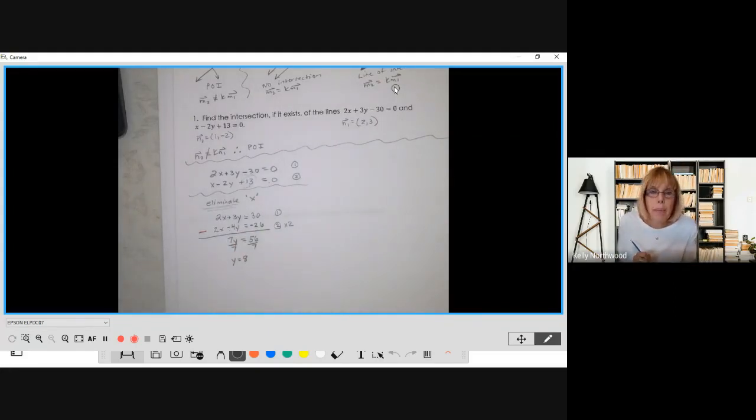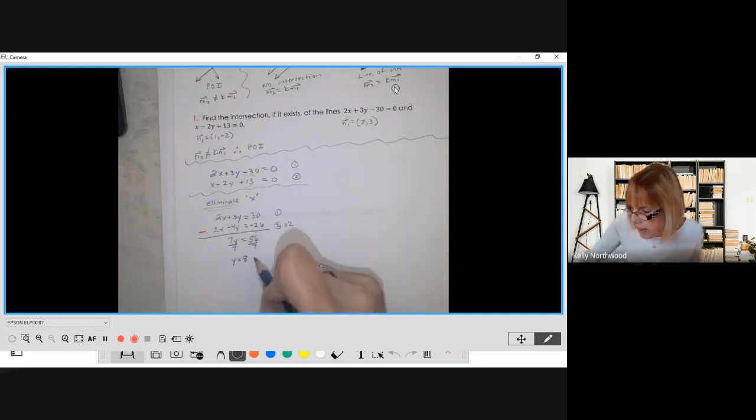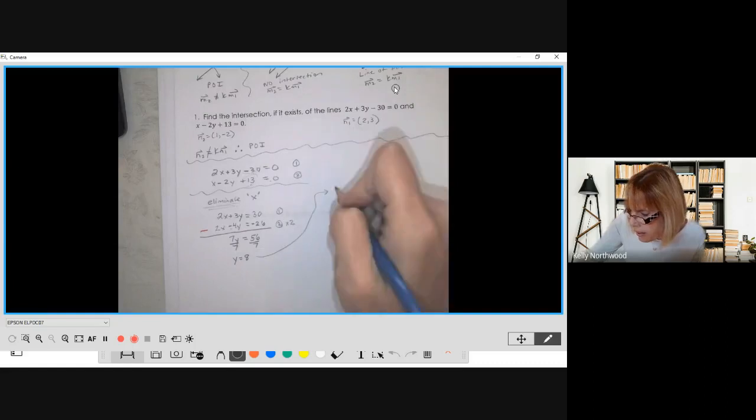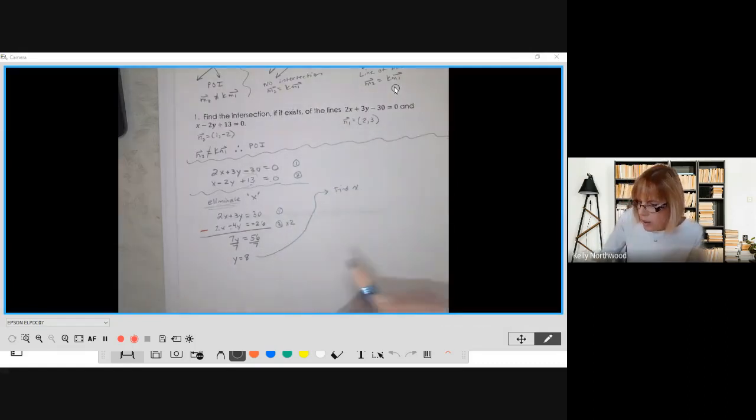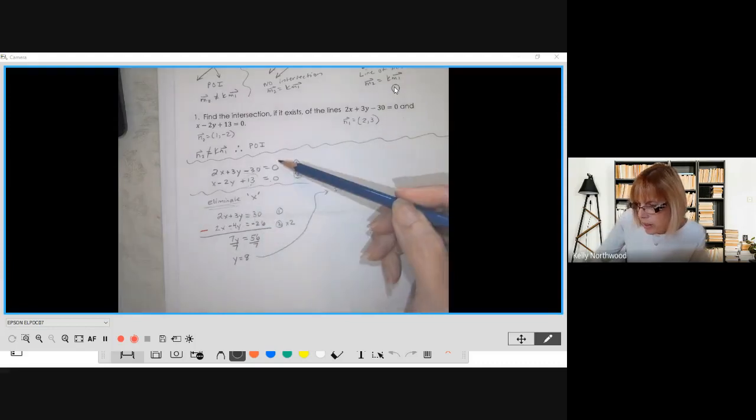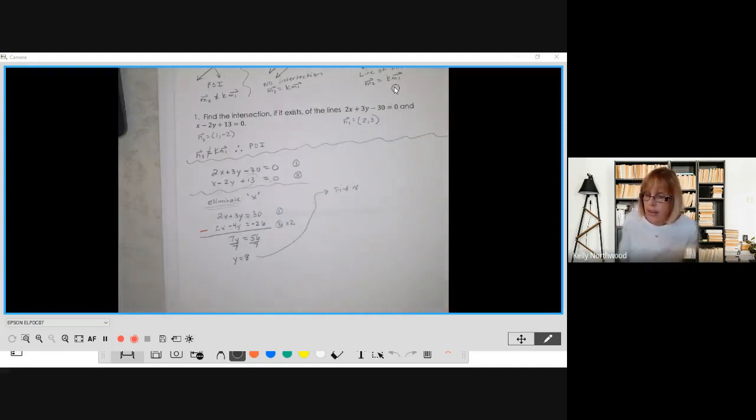So I know that at my point of intersection, the y value is 8, but a point of intersection in 2 space has an x value and a y value. So now I have to find x. So I can choose either of these equations to sub in to find x. I think I'll just choose this version of equation 1 over here.